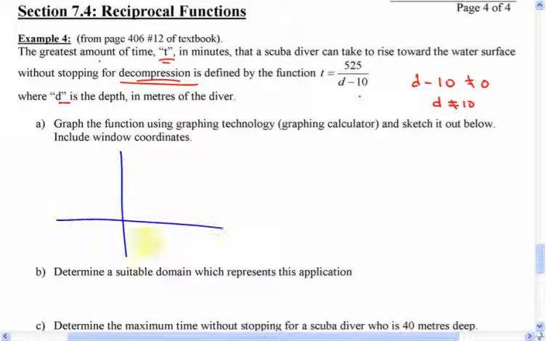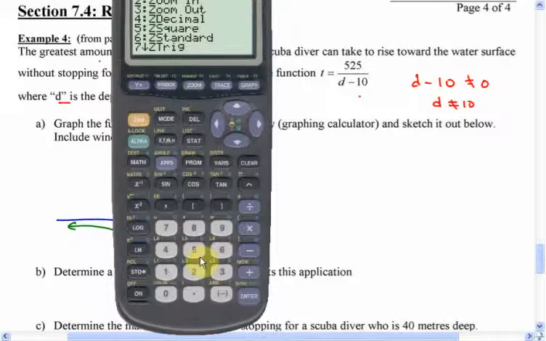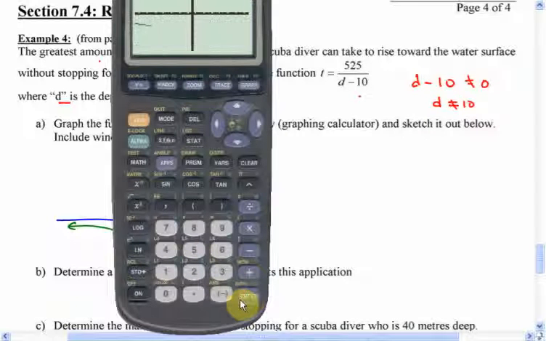So here we go. At 10 you have this vertical asymptote, and if you did a quick sketch, the graph looks like this. Now, I don't know which window coordinates you'd like to use. Maybe I'll go back to Dayon's graph before, zooming out twice.